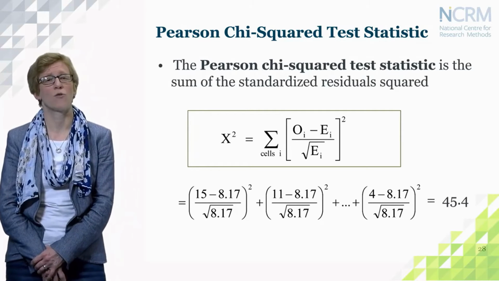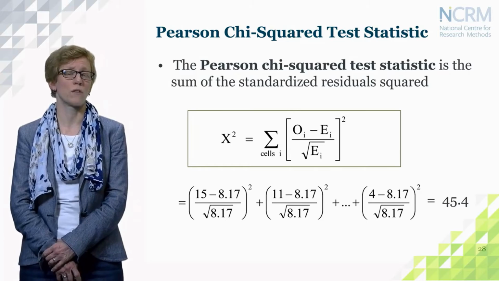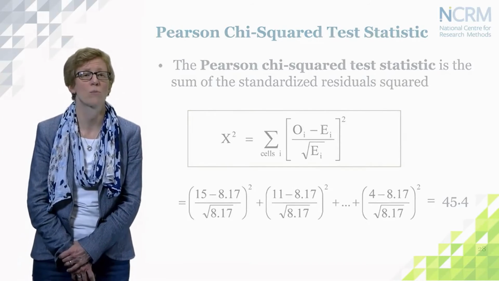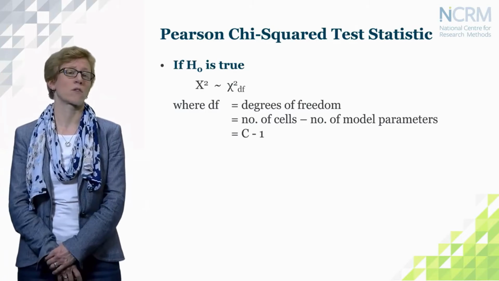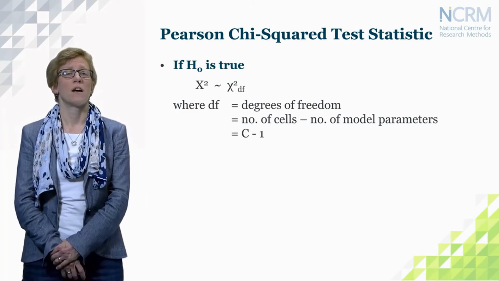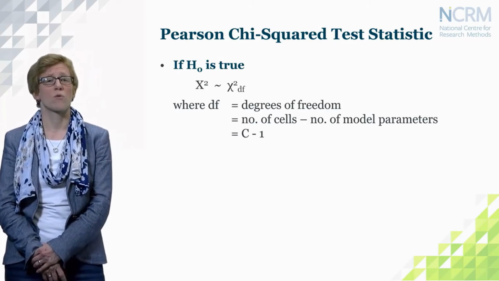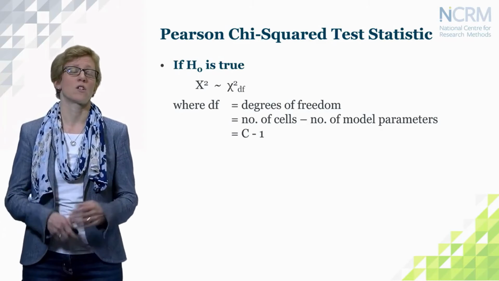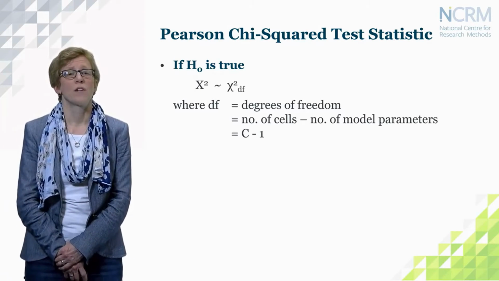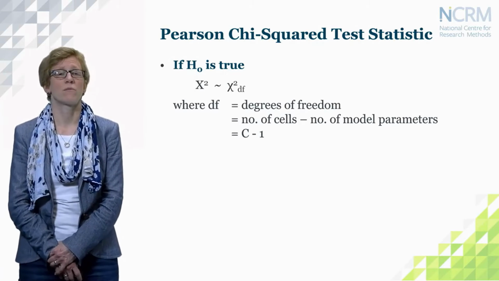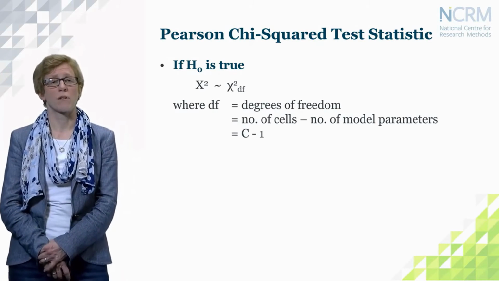For this particular example, recall of stressful events, we have a chi-square test statistic of 45.4, and we now need to compare this to the value from a chi-square distribution. The assumption is that if H-naught is true, if indeed the equiprobable model holds, then this test statistic will follow the chi-square distribution. So we can compare it with the distribution from the chi-square tables, for example. For that we need the degrees of freedom, which is defined as the number of cells, C, which is 18, minus the number of model parameters.